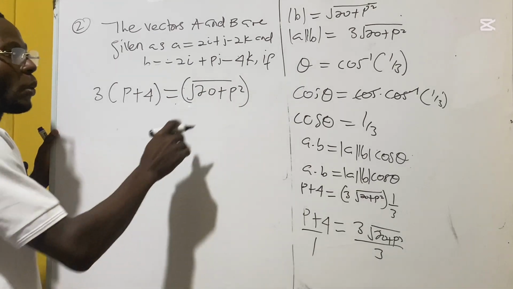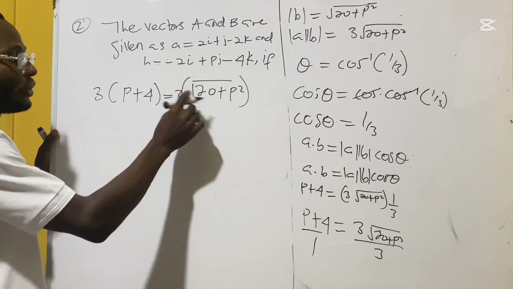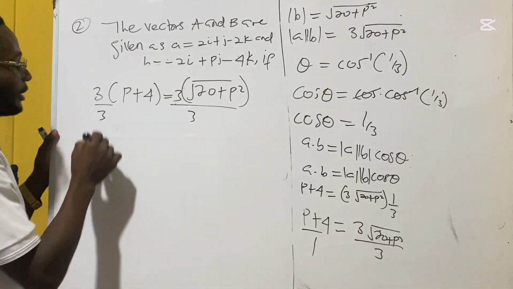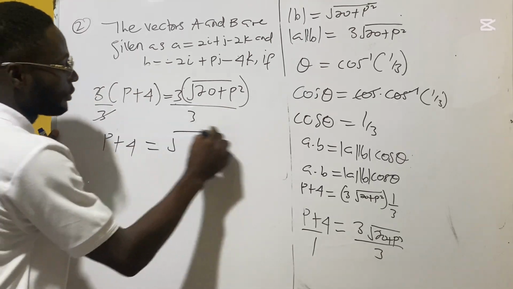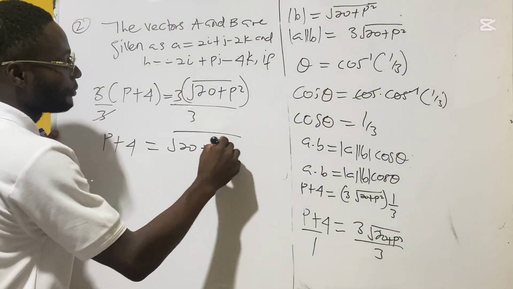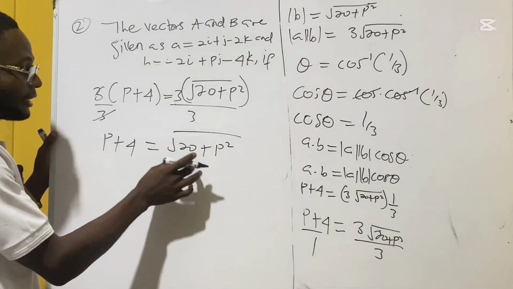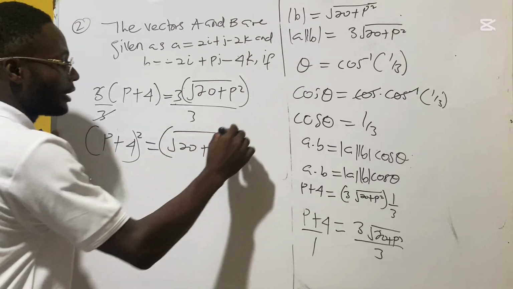Okay, so what can we do here? So here we can say that these 3 divide out. So we have p plus 4 equals the square root of 20 plus p squared, right? Now we are interested in the p, but because of this square root sign, we square both sides.